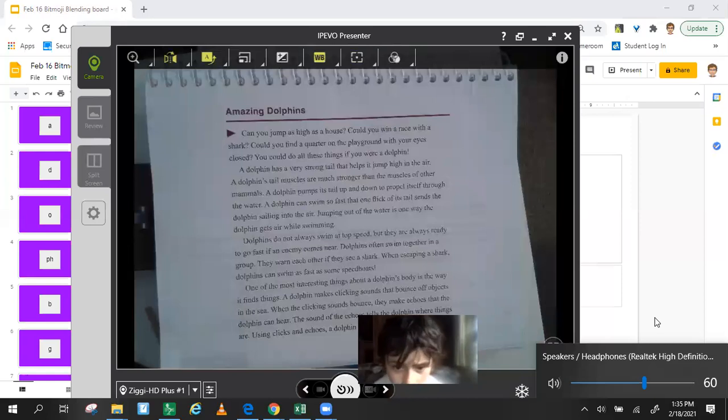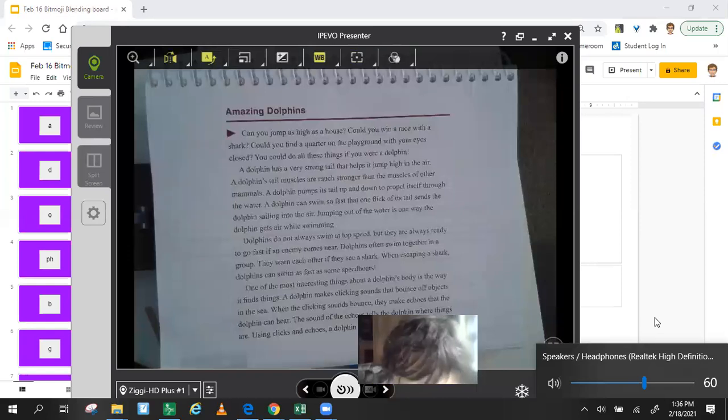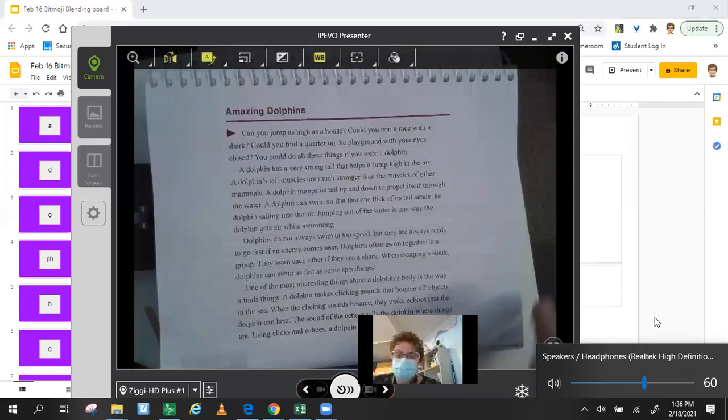What helps it jump higher in the air? A dolphin's tail muscles are much stronger than the muscles of humans. A dolphin jumps its tail up, around, down to propel itself through the water. Perfect. Good job, my friend.